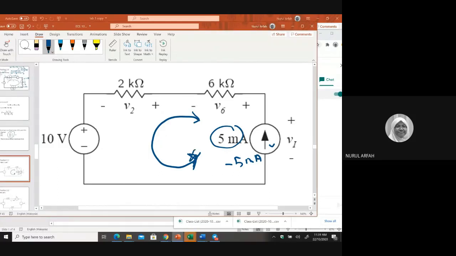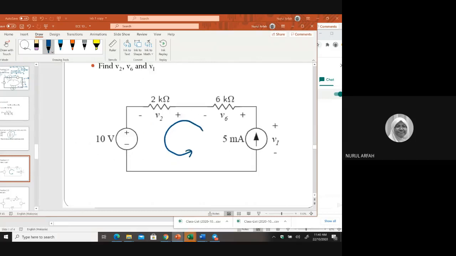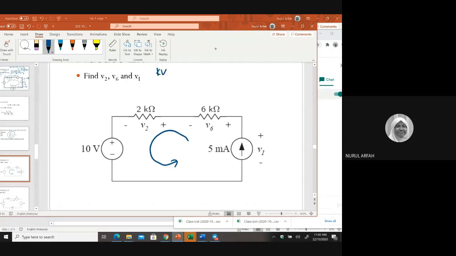So if you follow the current direction of the current source, then this one will become positive and this part will become this direction, a positive. All is positive. All right, now we can apply KVL around the loop.